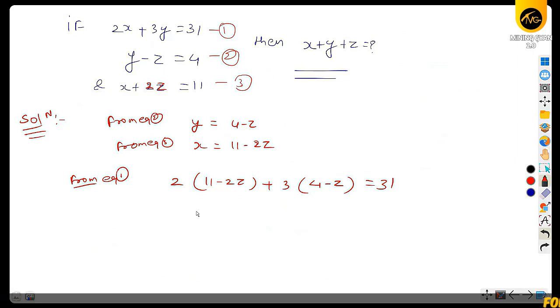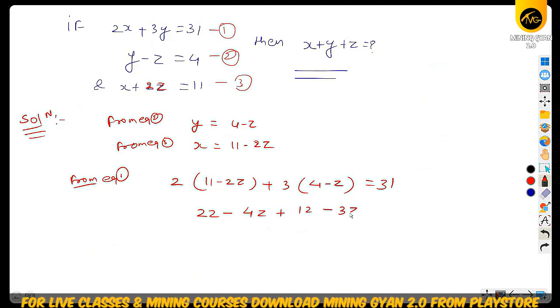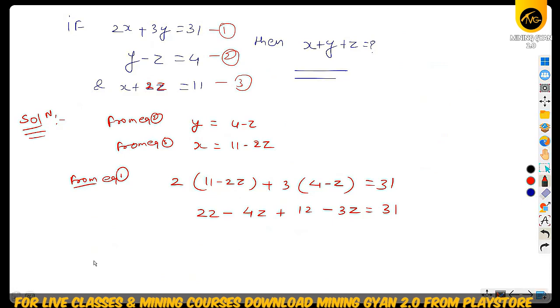So 22 minus 4z plus 12 minus 3z is equal to 31. Now you can find the value of x, y and z.